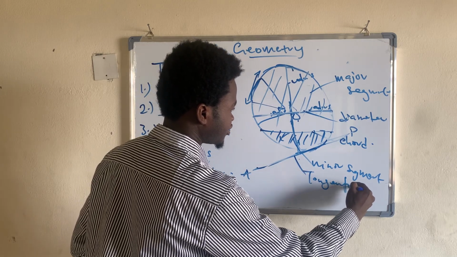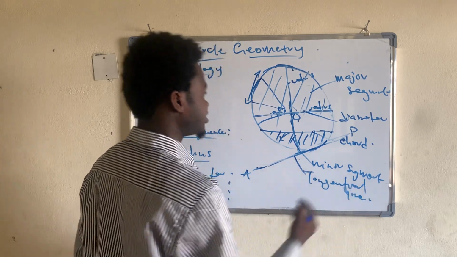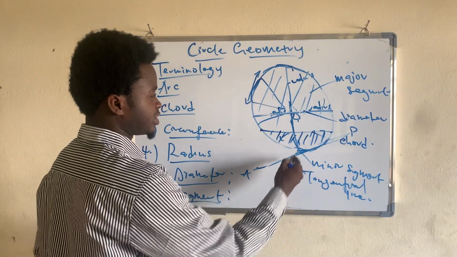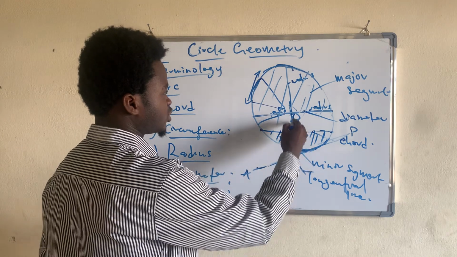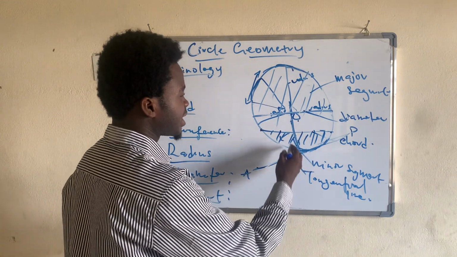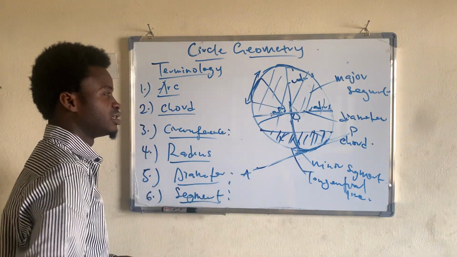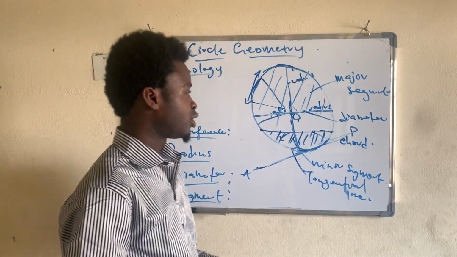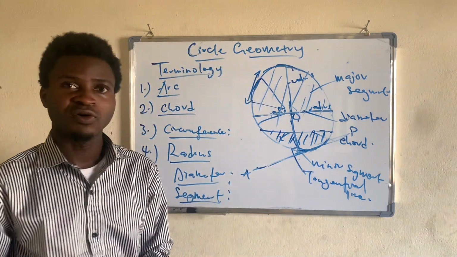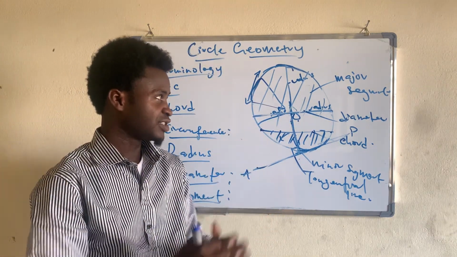We just call it a tangential line. So it hits the circumference at just a point. From here to here is the radius. You will see that it forms a right angle there. So there's also an important theorem that talks on radius and tangents of the circle.